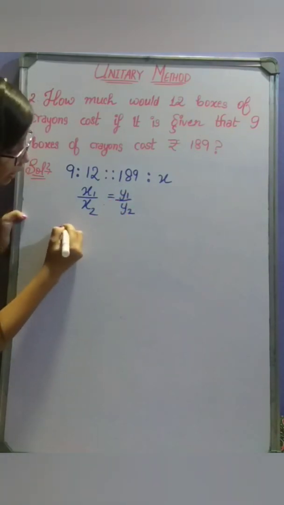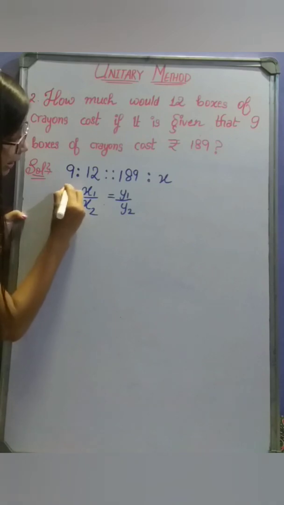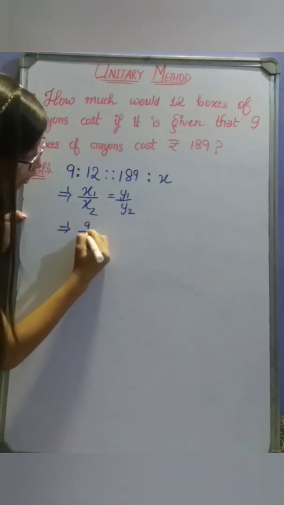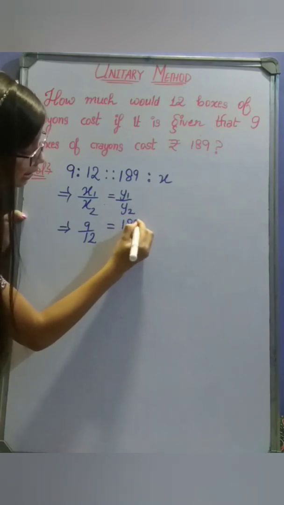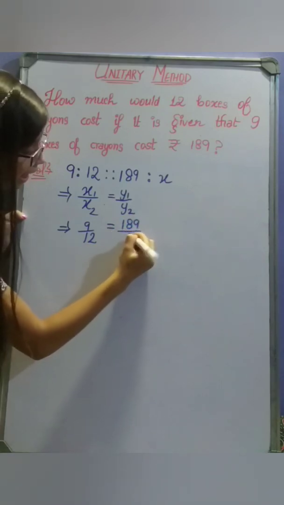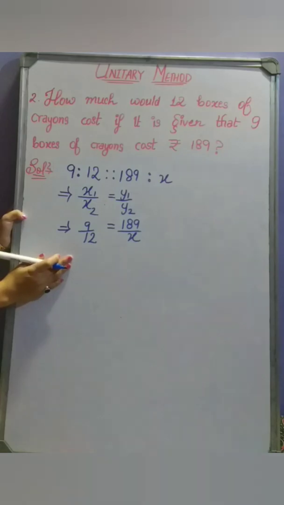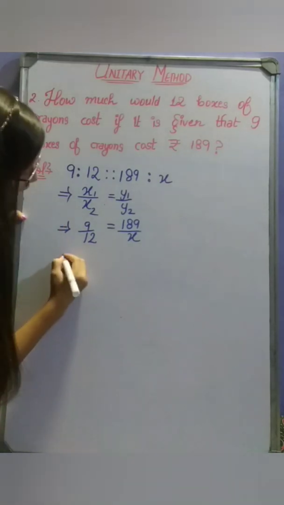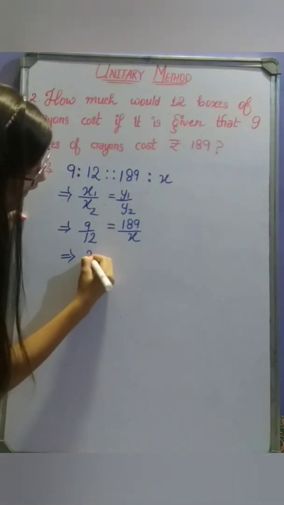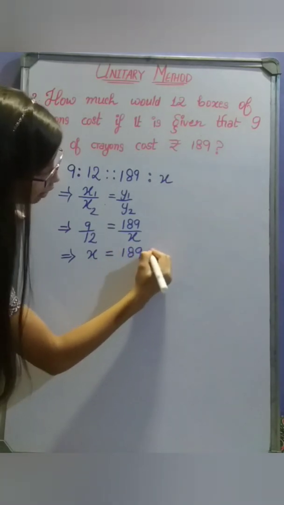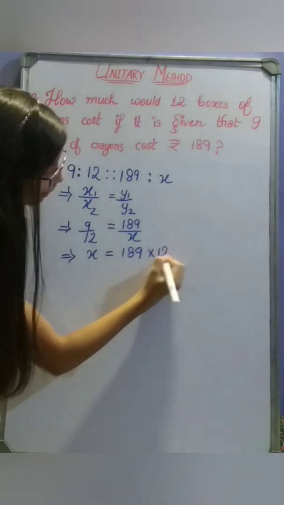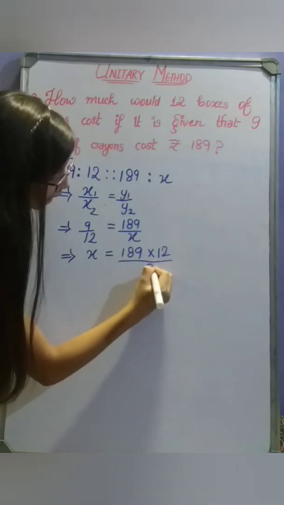So if we write so, we'll get here 9 by 12 is equal to 189 by X. So once you shift, you will get X is equal to 189 into 12 by 9.